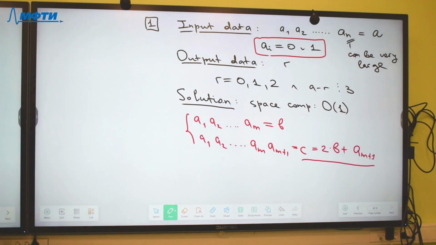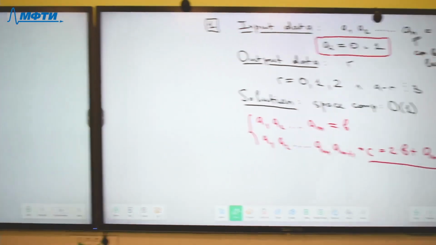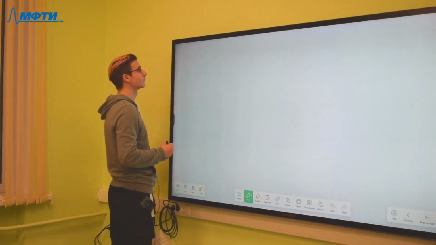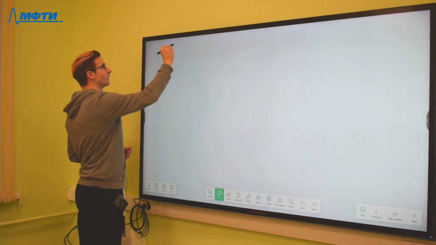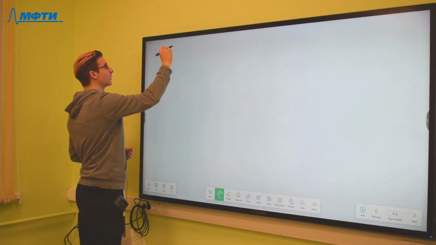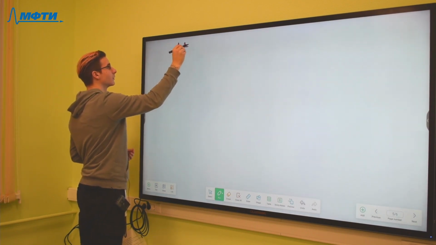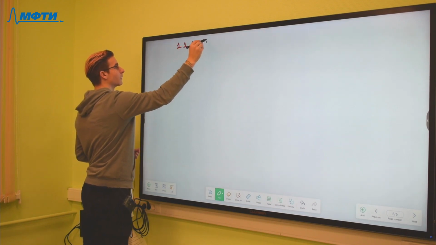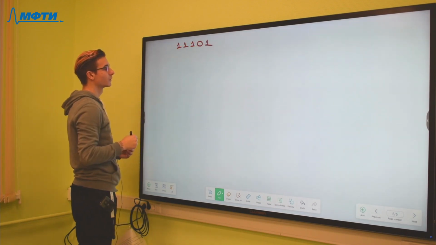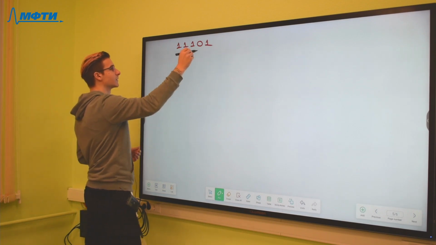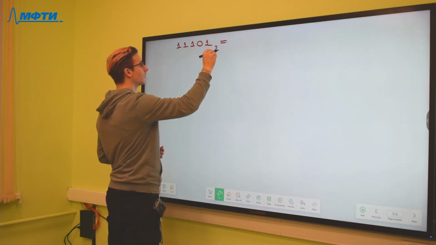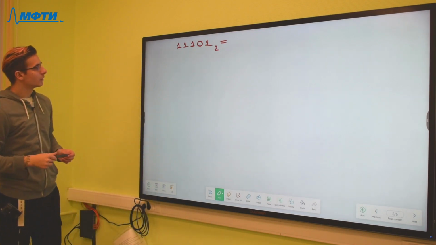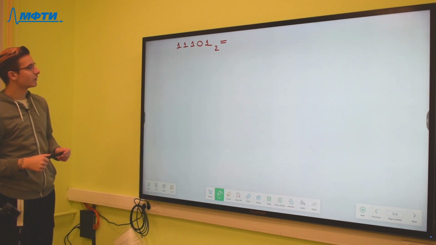So I can write an example here. For example, if in the binary system we have such a number, what is this number?